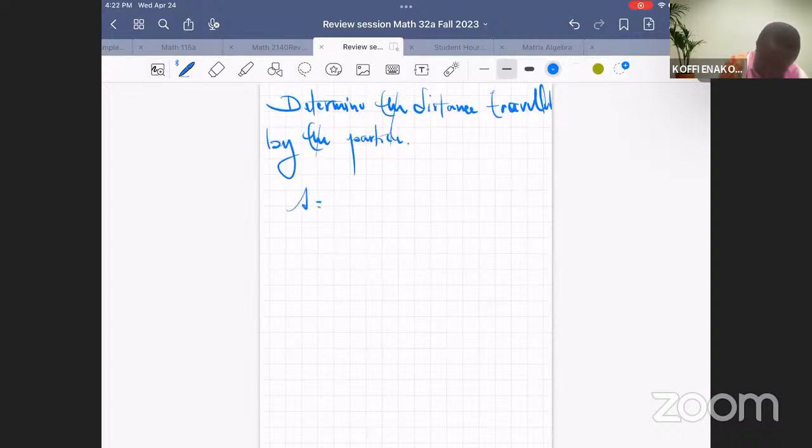The distance, so that's the arc length, is the integral from a to b.